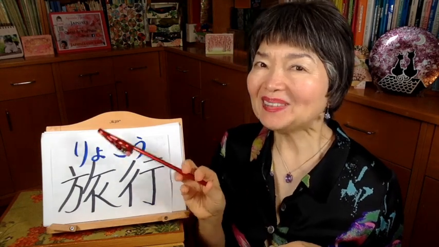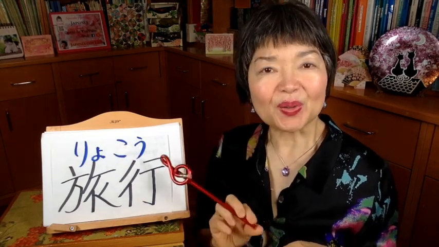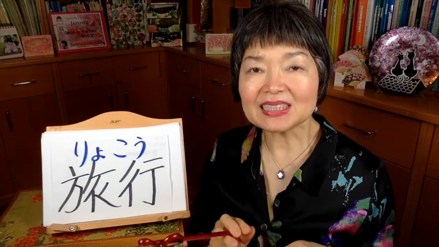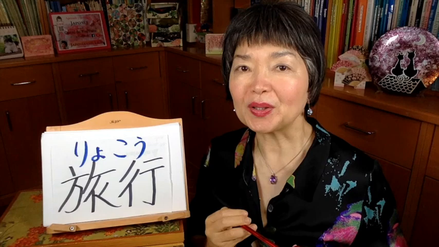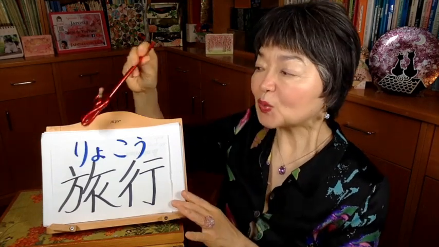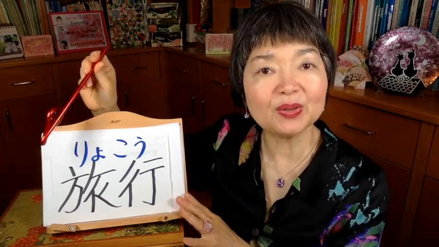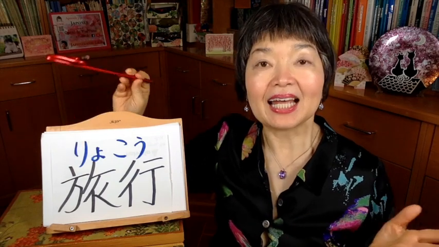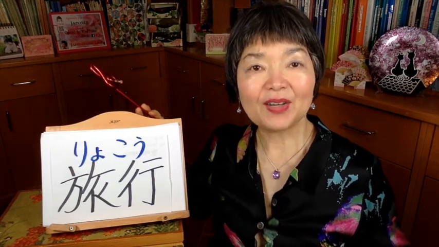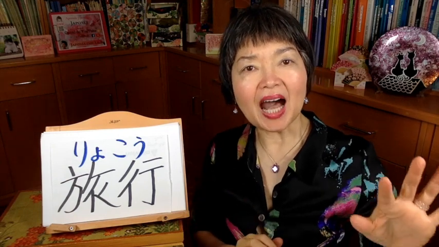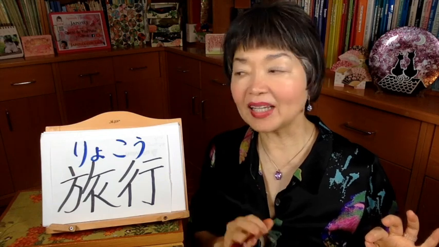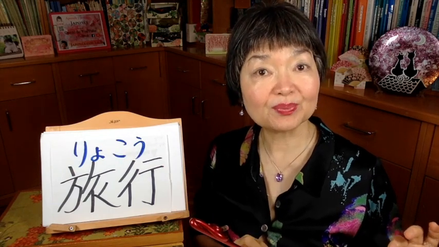Now with り, so りょ, 旅行. I think this is one of the most difficult sounds for foreign people. りょ, because we don't distinguish this り, not like this. It's something between R and L, り, and with yo, りょ.